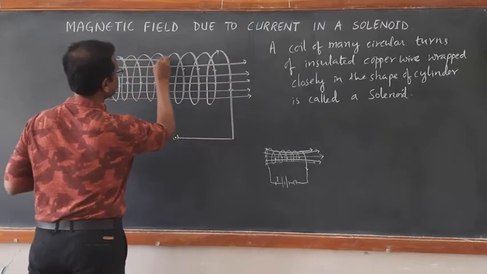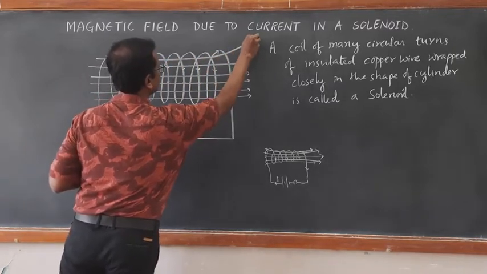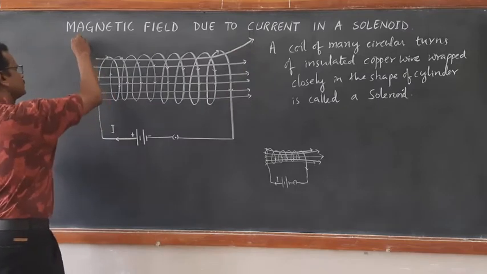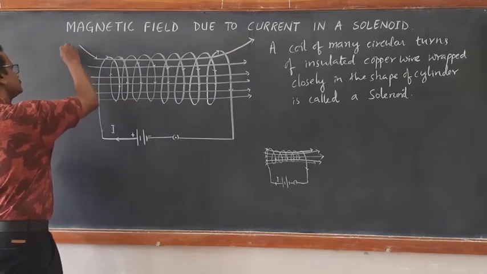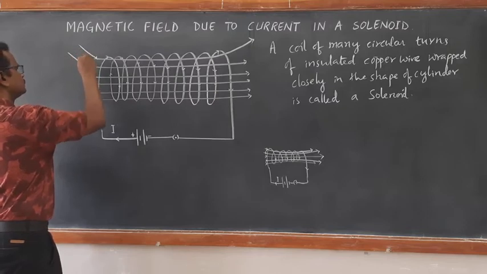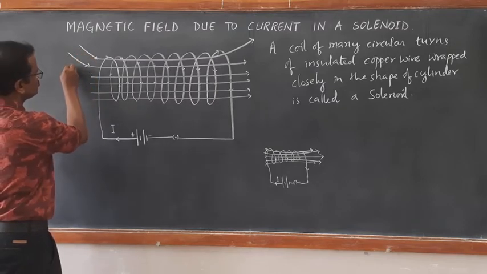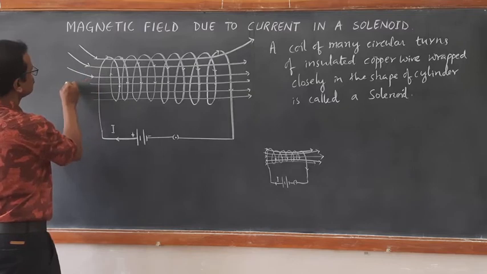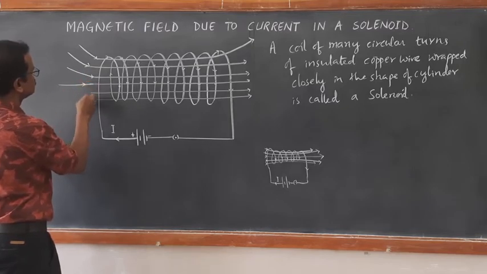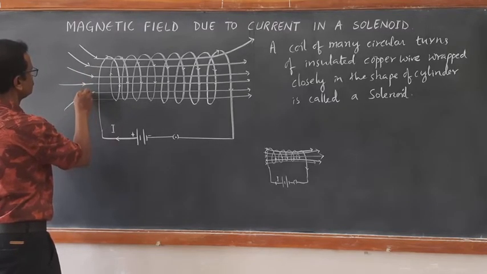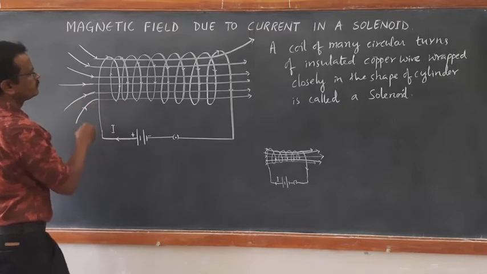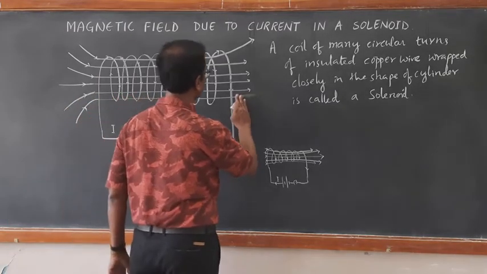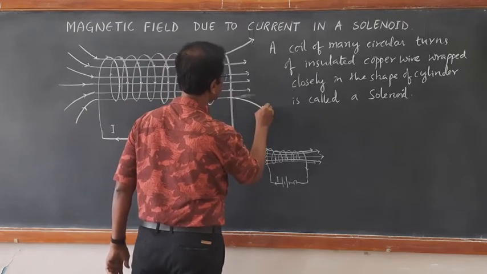Actually, when they come out of the solenoid, they curve, they undergo curved nature. This is how we can draw the magnetic field lines, and here they undergo curvature.